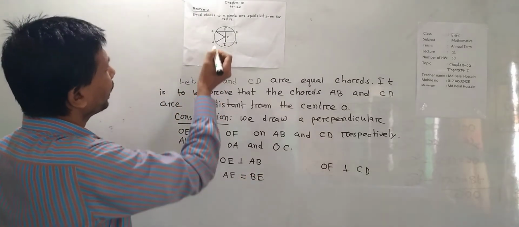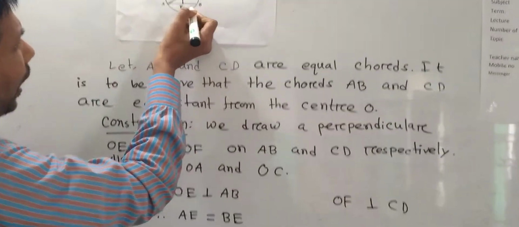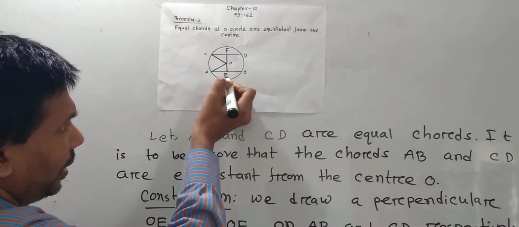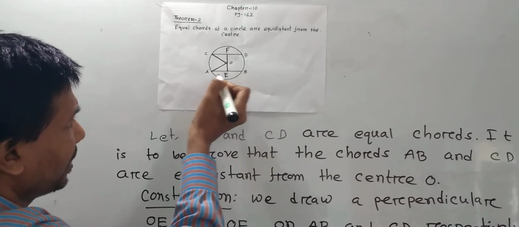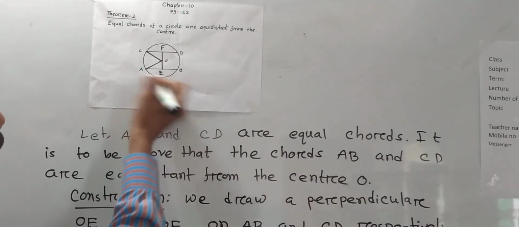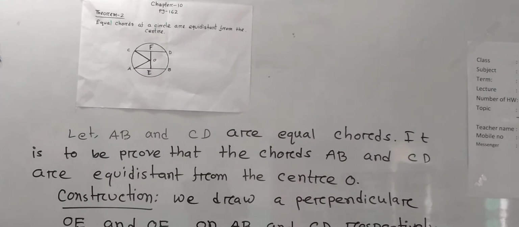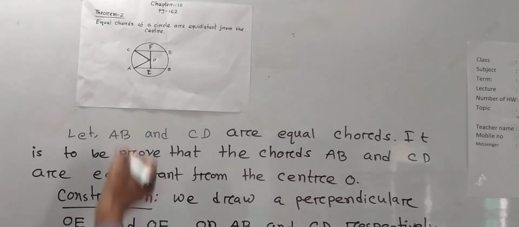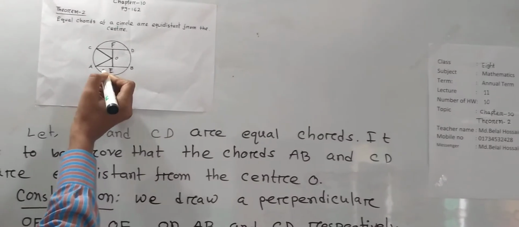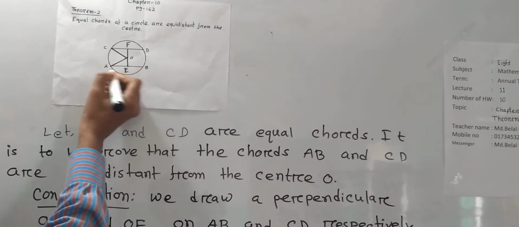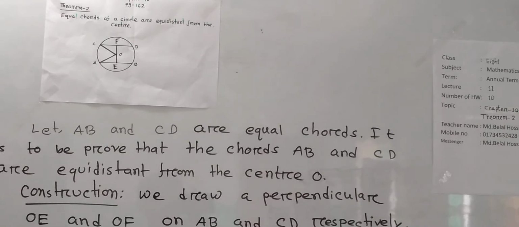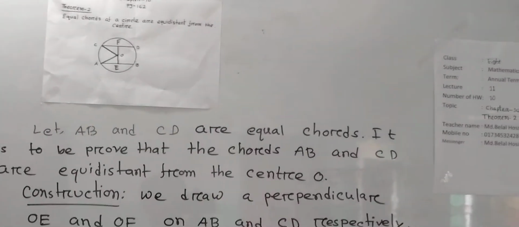Look here, AE and BE are equal because E is the middle point. As a result, AE equal to BE. Moreover, this perpendicular OE bisects AB, so we can write AE equal to BE.